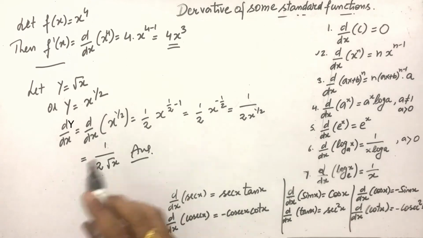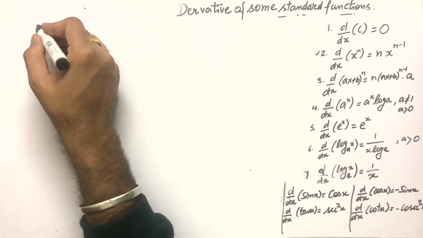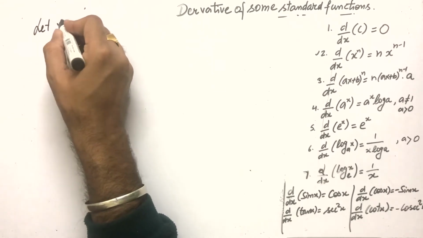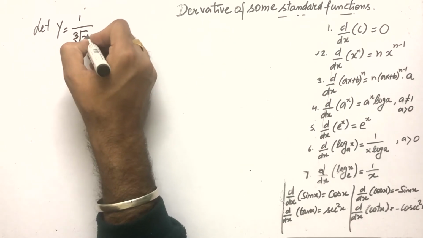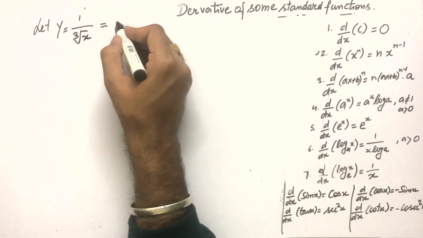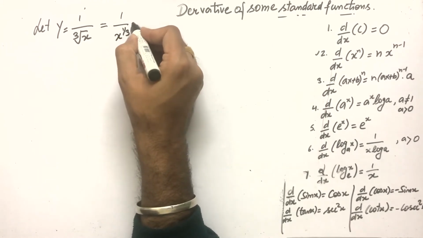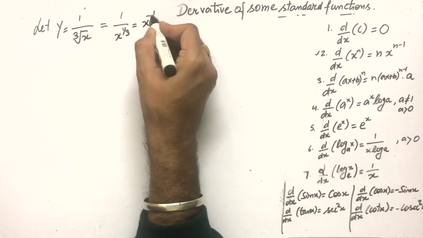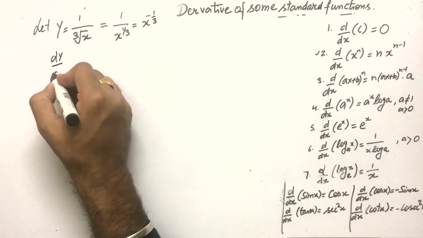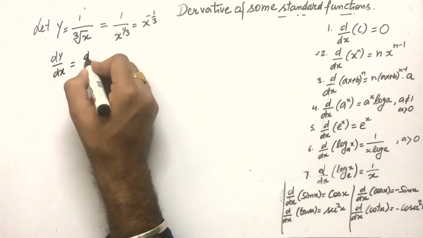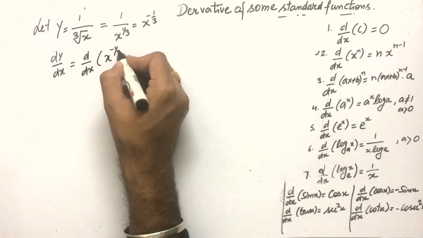I hope you got an idea how we have solved this. Numerical B, let y is equal to 1 upon cube root of x, and very easily we may write it as 1 upon x power 1 by 3 or x power minus 1 by 3. And when we take its derivative, dy by dx is equal to dy by dx of x power minus 1 by 3.